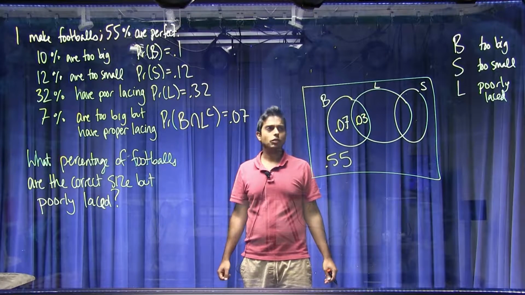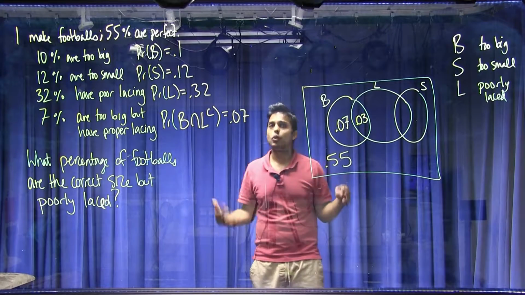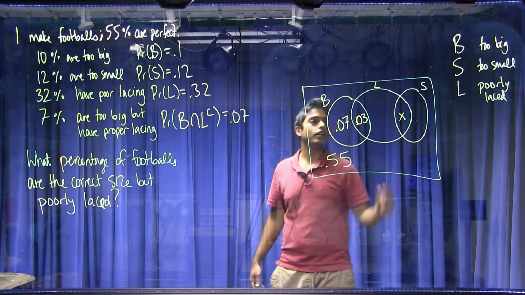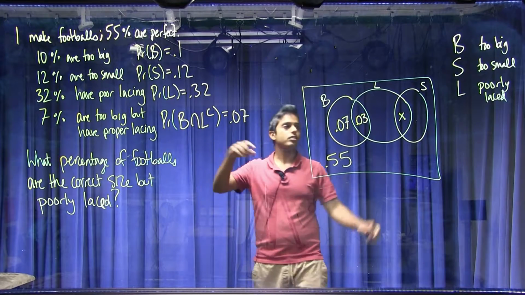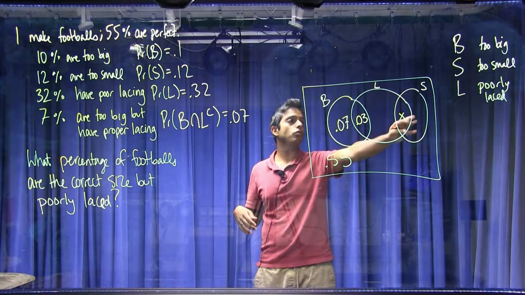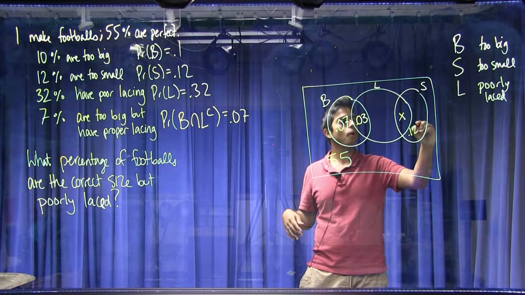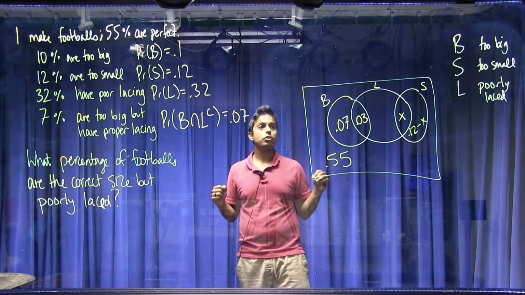Okay, what else do we know? Well, we can't directly fill in any of these other numbers, so let's put in a symbol and go from there. So let's put in an X right here, because we don't know that. So then we know that S in total is 0.12. So this area is 0.12 minus X, because then if I add those together, I get 0.12.